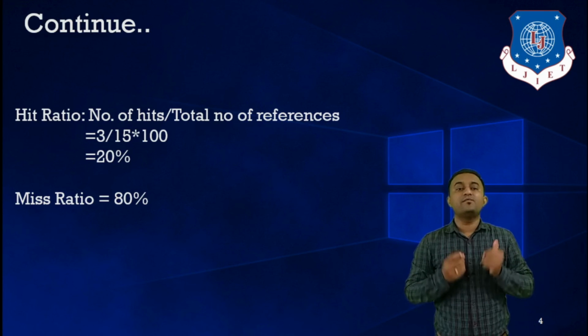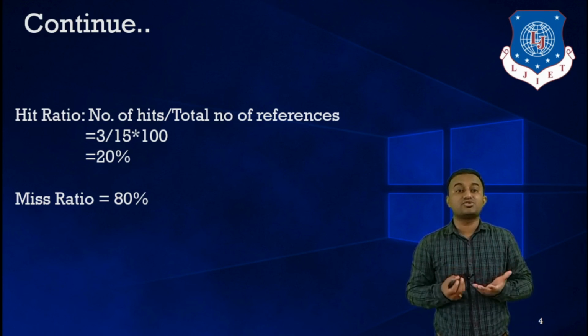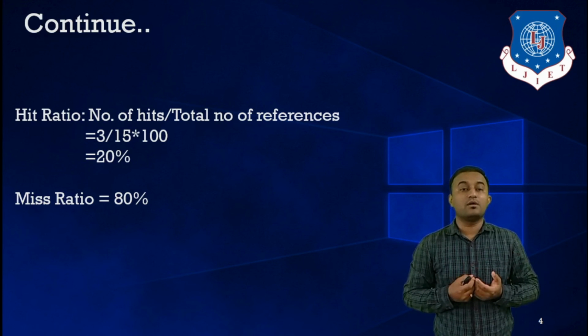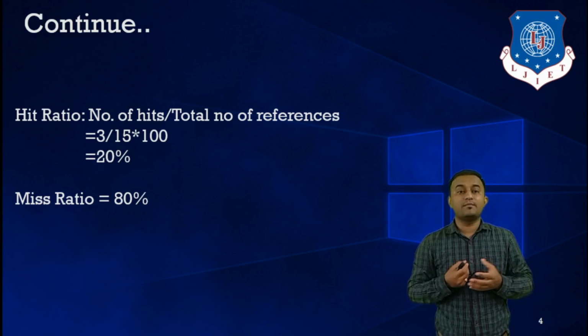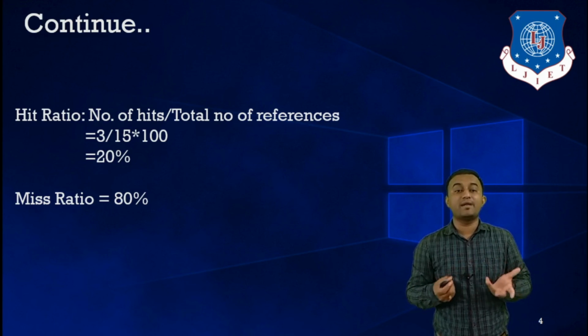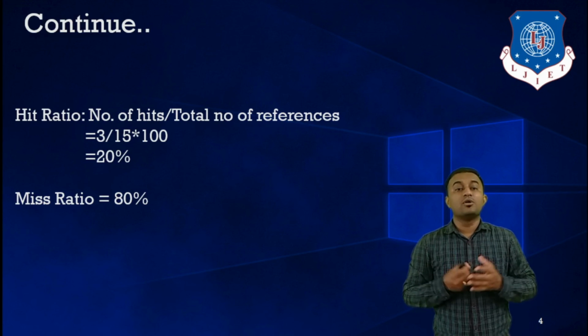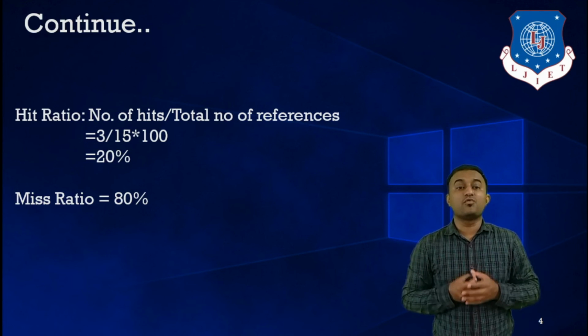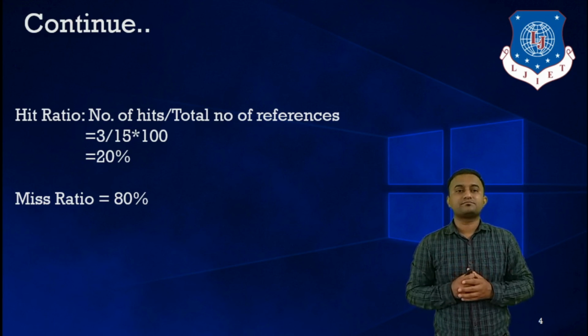In the same way, if you want to find the miss ratio, we can easily find it just like this. What was the number of misses? 12. 12 divided by 15 multiplied by 100. So the miss ratio would be 80%.